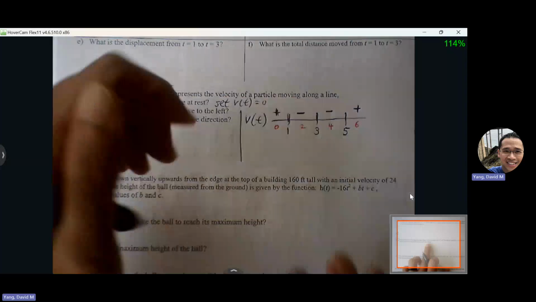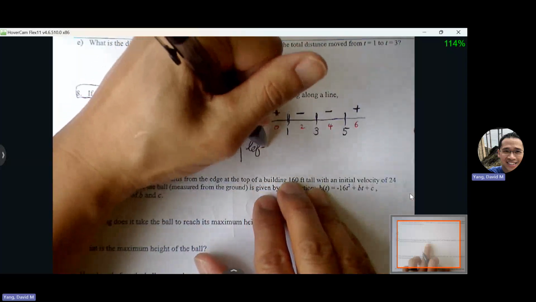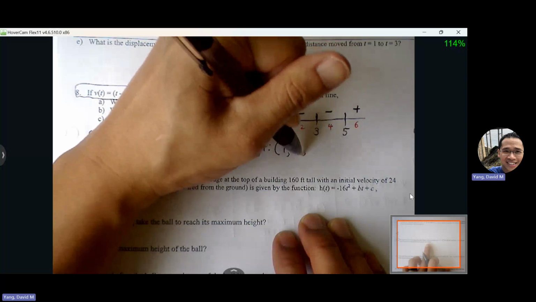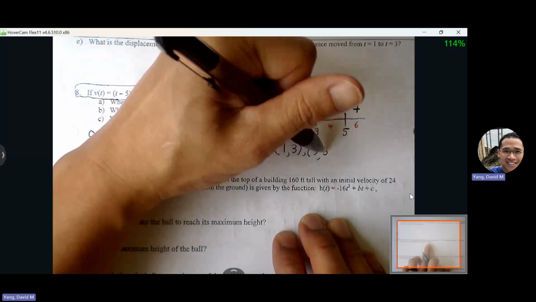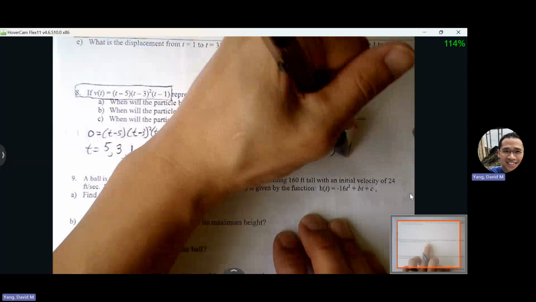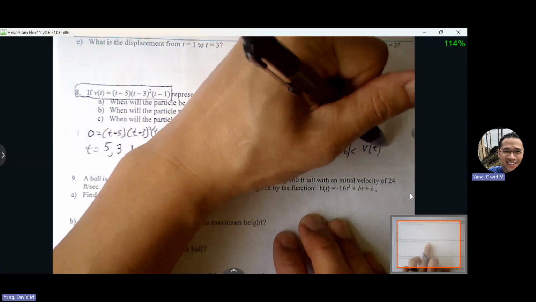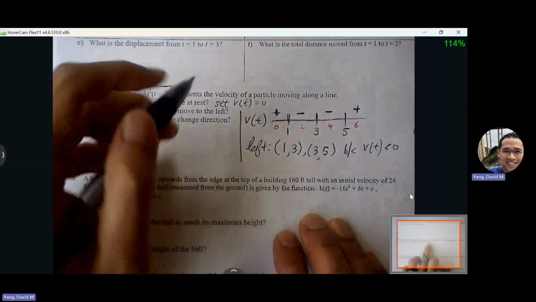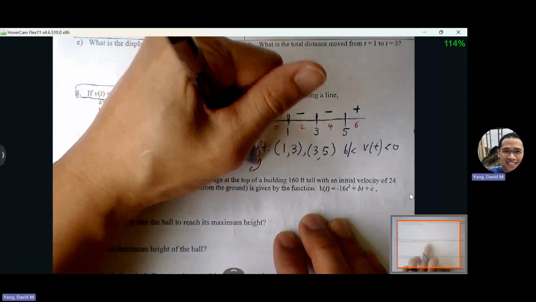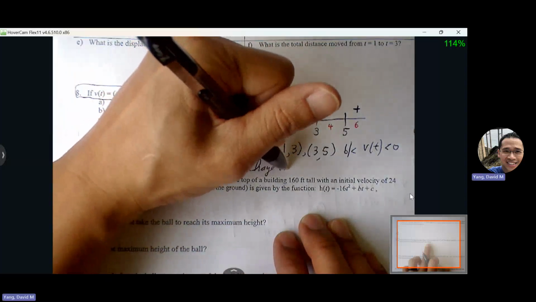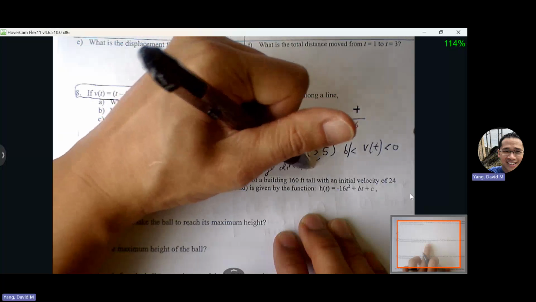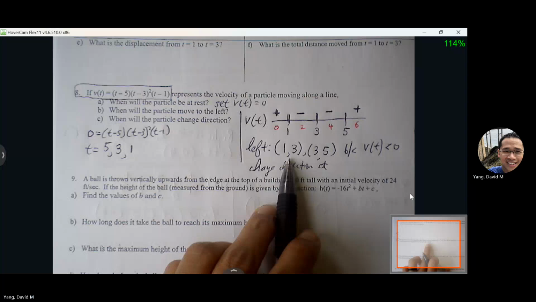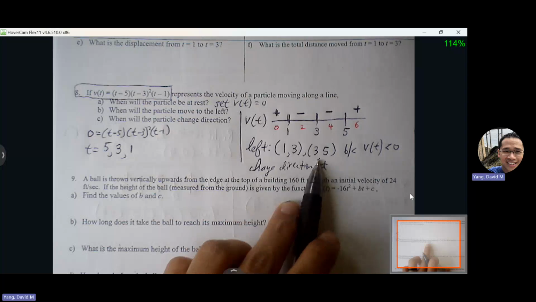So when is the particle moving left? For left, we can say from 1 to 3, union 3 to 5, and the reasoning is because velocity is less than 0. When does the particle change direction? Why could you not write it as 1 to 5 consecutively?